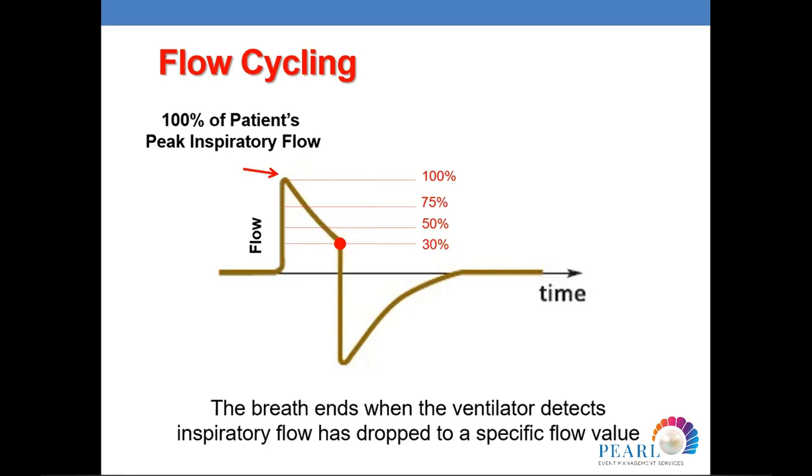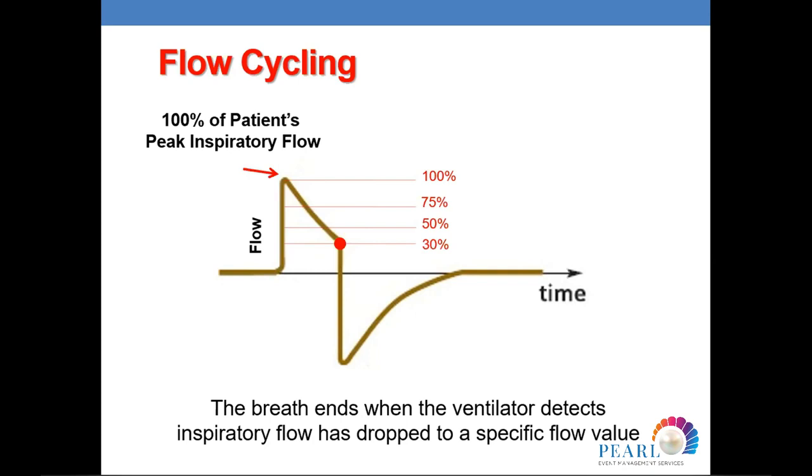Of course, this depends mainly on the lung dynamics. So with flow cycling, the flow comes up in inspiration, and we ask the ventilator to stop the inspiration at a certain point, let's say 30%, 25%, 15%.